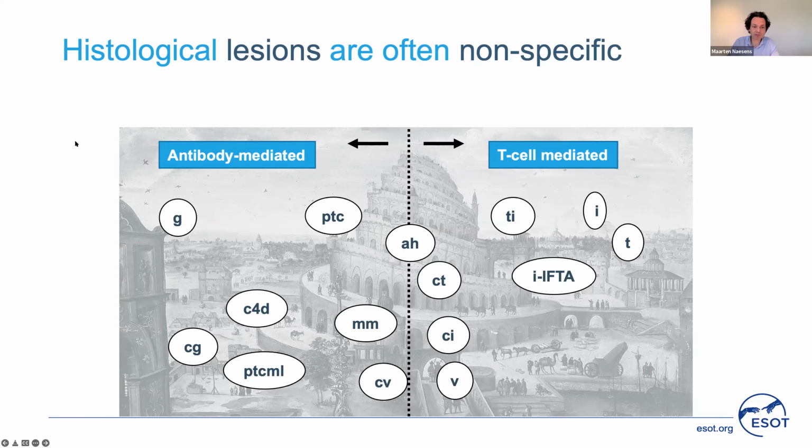You have glomerulitis, peritubular capillaritis, you have interstitial inflammation, tubulitis. All these different lesion scores are classified by pathologists semi-quantitatively from 0 to 3, and then indicate what type of rejection is present, antibody-mediated rejection versus T-cell-mediated rejection, as dispersed phenotypes of rejection after kidney transplantation.